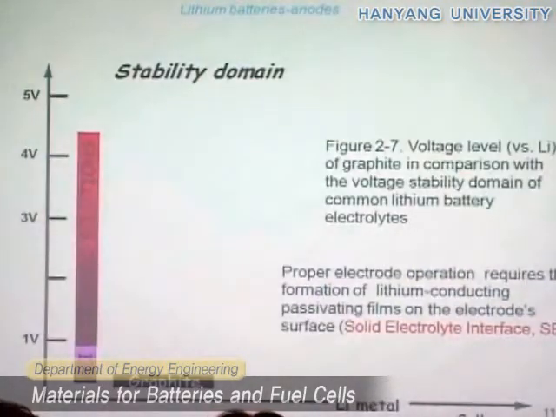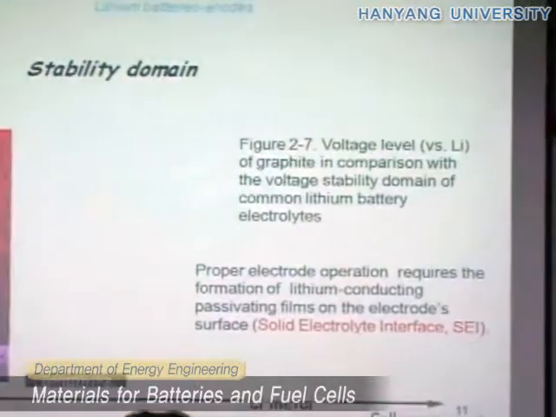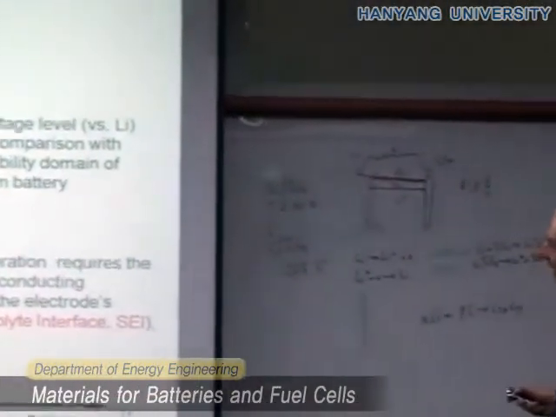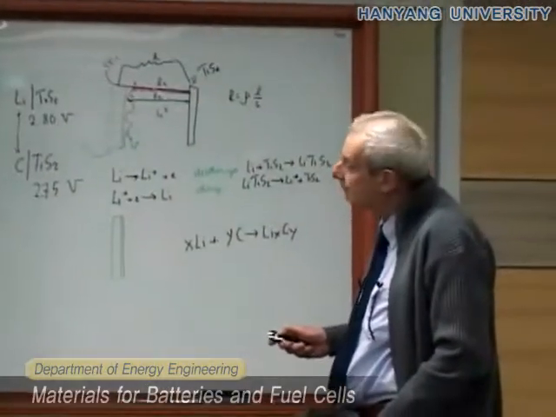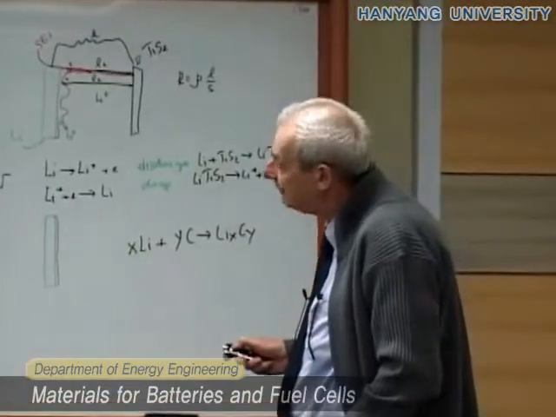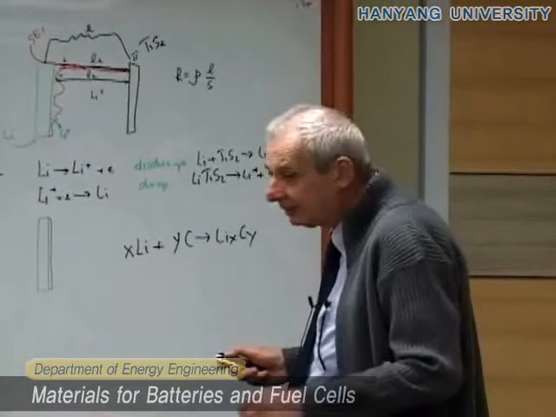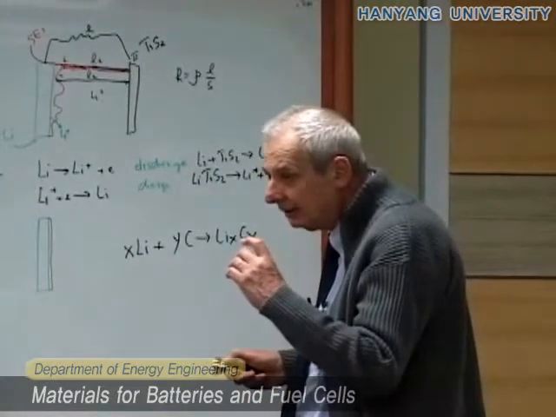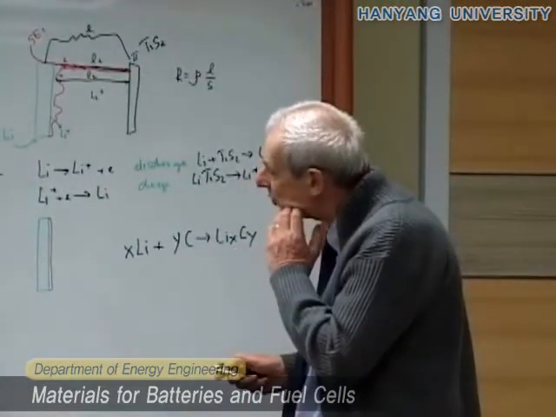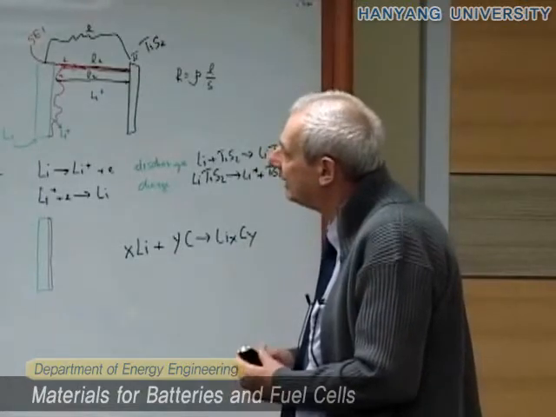Okay, here you see what we are talking about. This graph is very important because it's reporting the stability domain of an electrolyte. What does that mean? The stability domain indicates the voltage interval, voltage range, in which an electrolyte is stable.